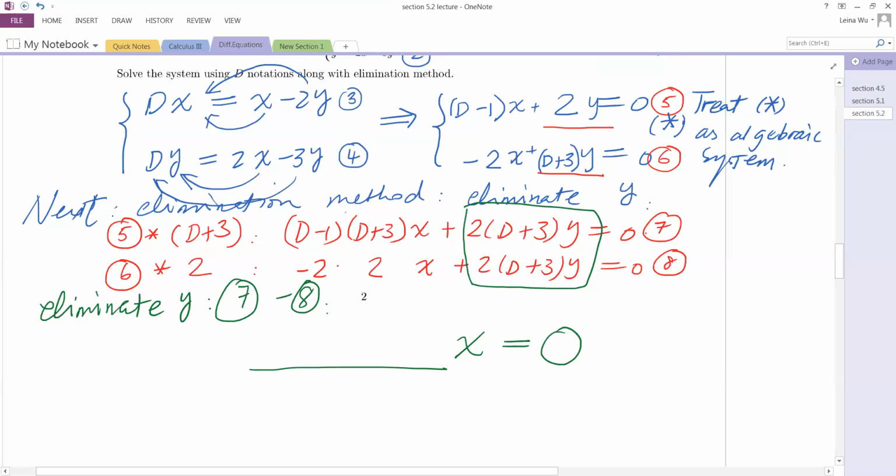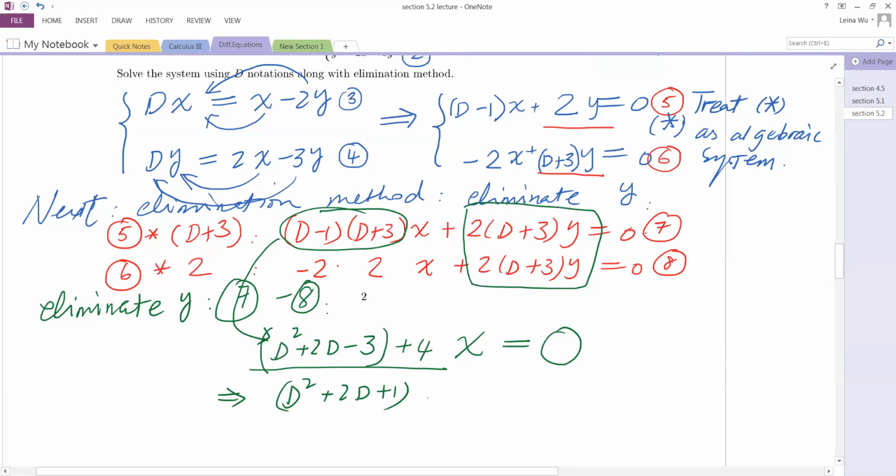The coefficient would be this part, which we can expand as D squared plus 2D minus 3, and subtract negative 4, which is plus 4. So this is (D squared plus 2D plus 1)x equals 0. What does it tell us?